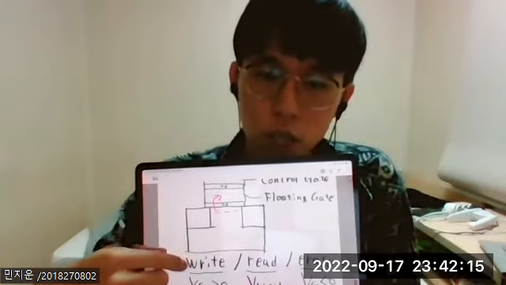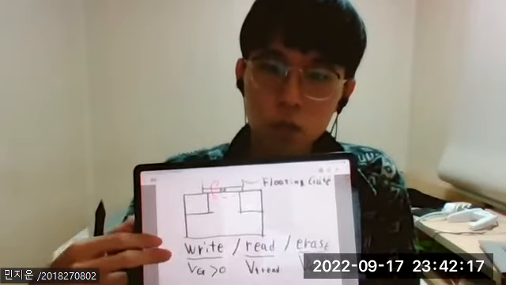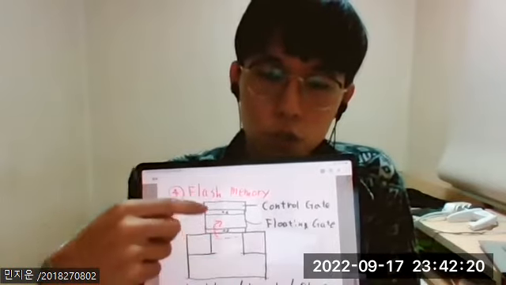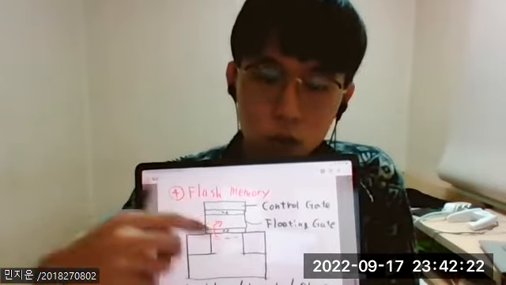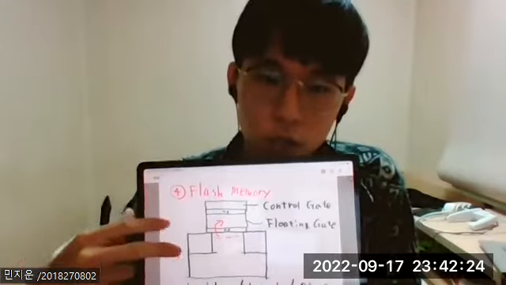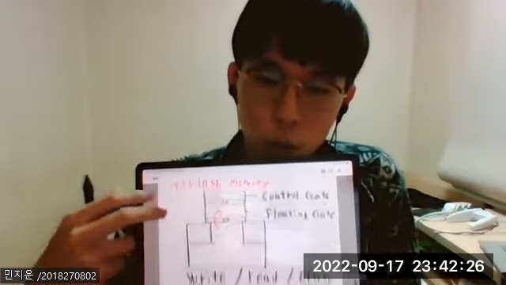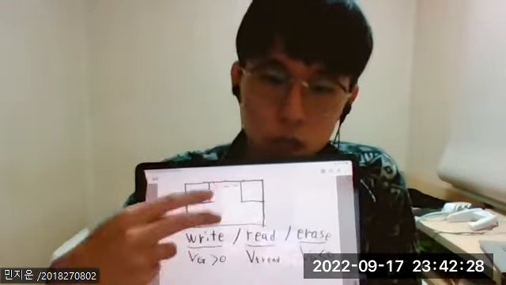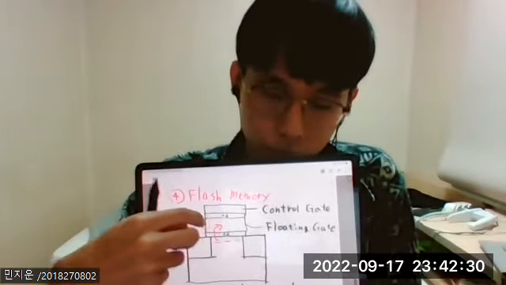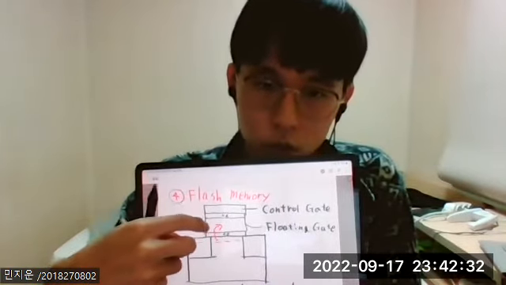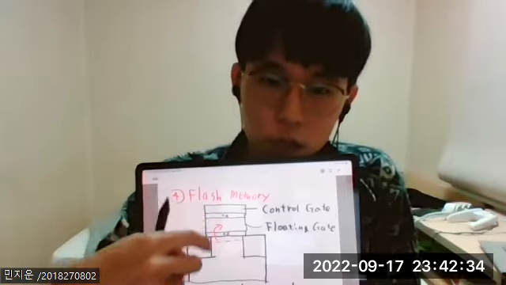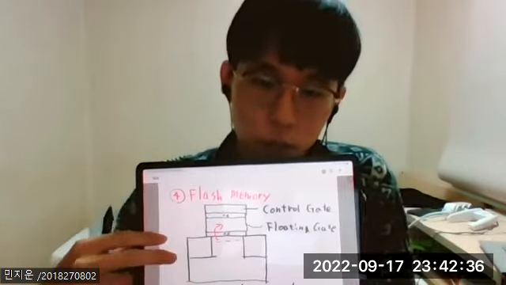This is called write. And if you want to erase this data, you apply the negative gate voltage, then the electron gets out from this floating gate.